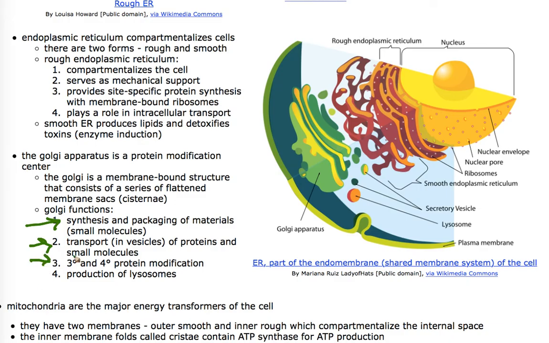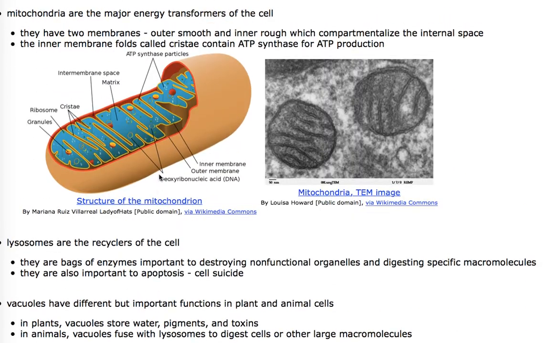The Golgi modifies proteins at the tertiary and the quaternary level, and the Golgi also produces bags of enzymes called lysosomes, which break down worn-out organelles. So those two organelles really work closely with each other. They share a lot of phospholipid membrane material because of that.